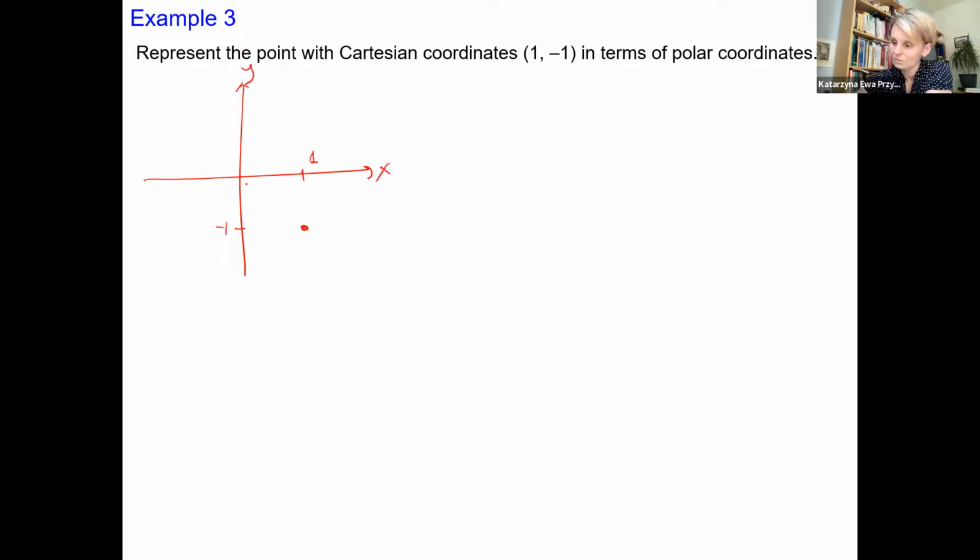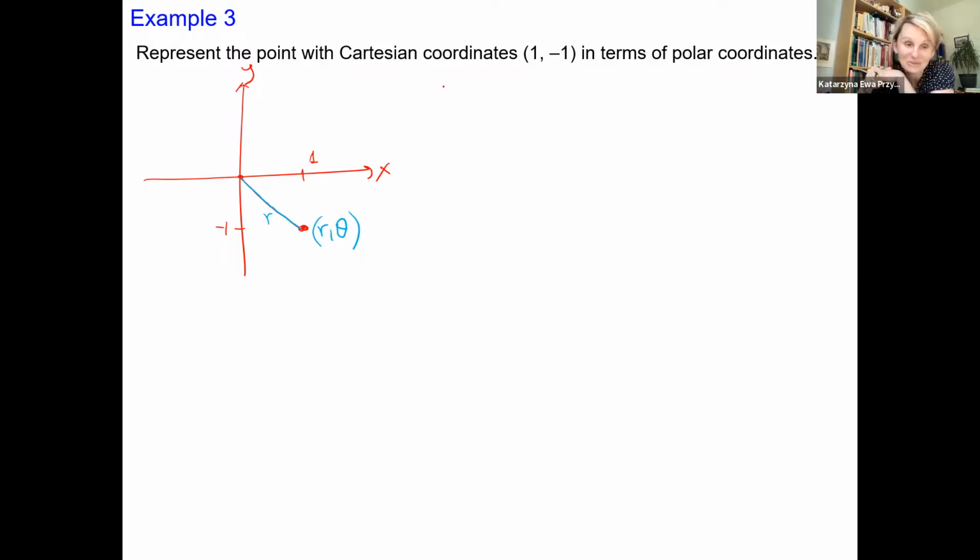Okay, so what will we need? We will need that distance, how far it is, and we will need that angle, theta. Negative, positive, we will have a couple of options. First of all, how can we compute r?